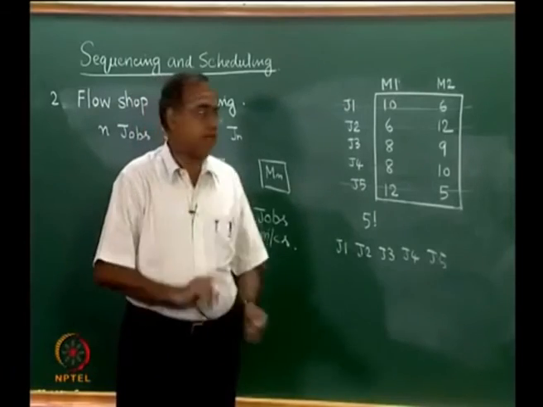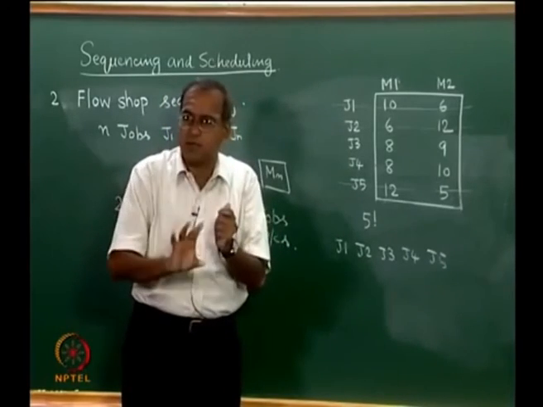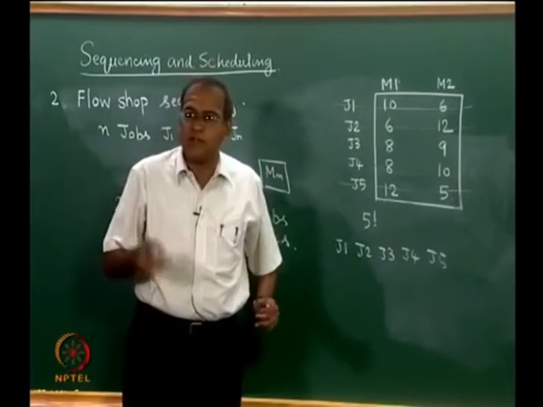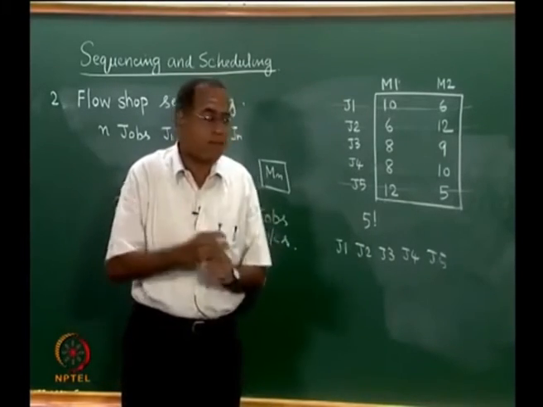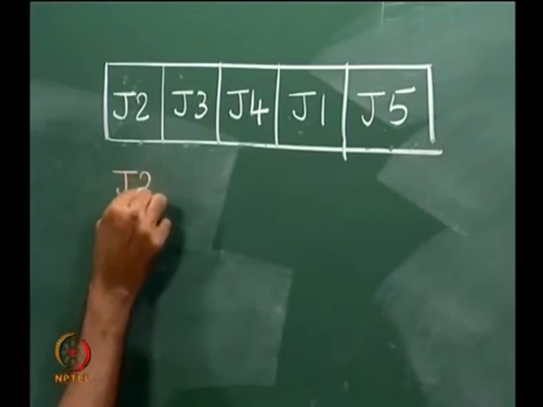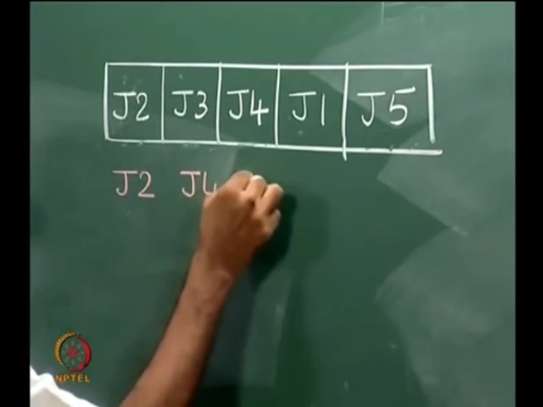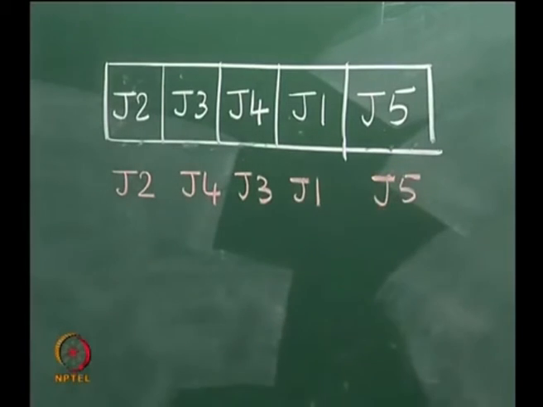Now we had a tie between J3 and J4, both of them had the smallest number and it was on M1. We resolved the tie by taking J3 first. Now what would have happened if we had taken J4 first? We would have got the sequence J2, J4, J3, J1 and J5.